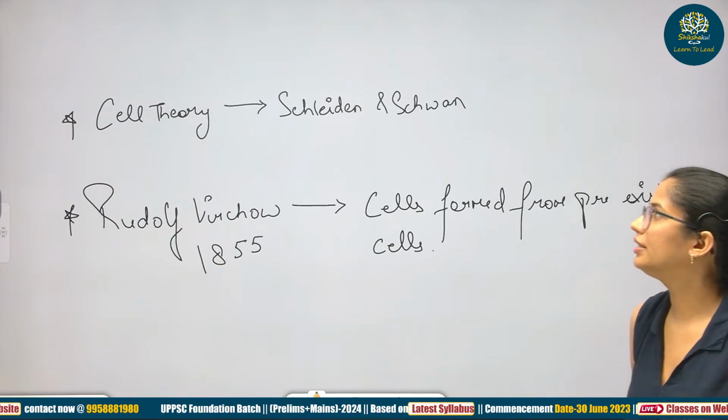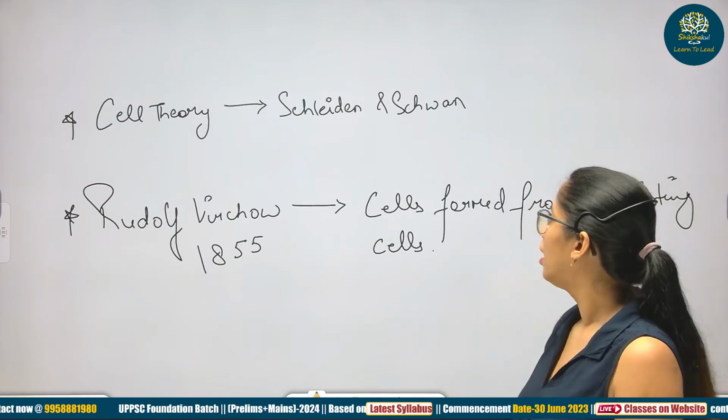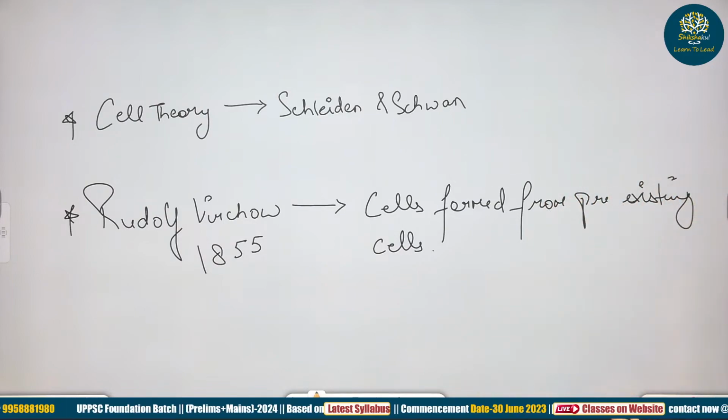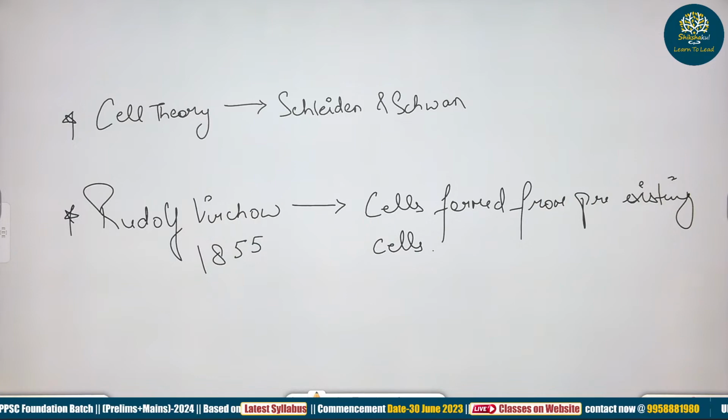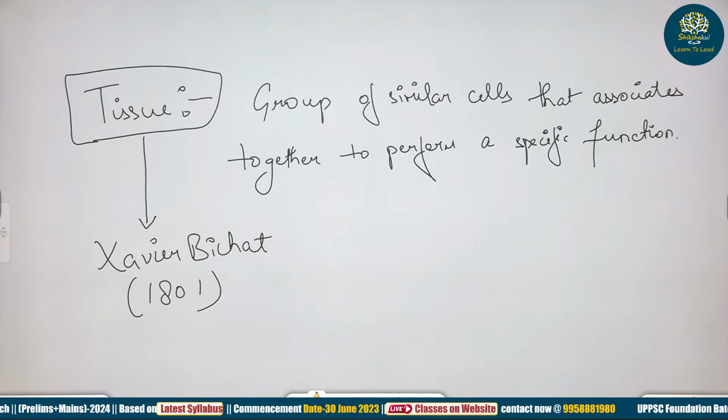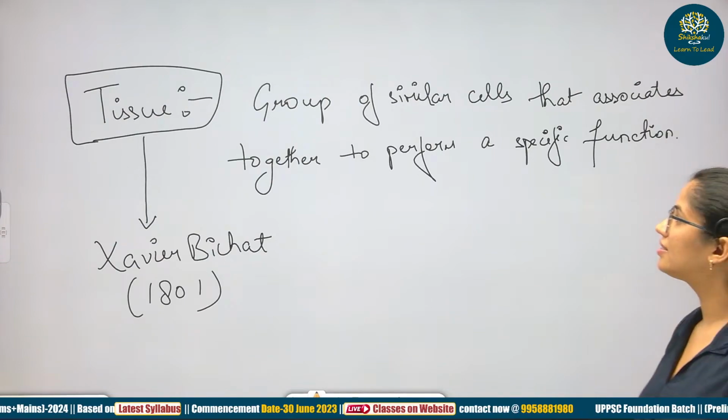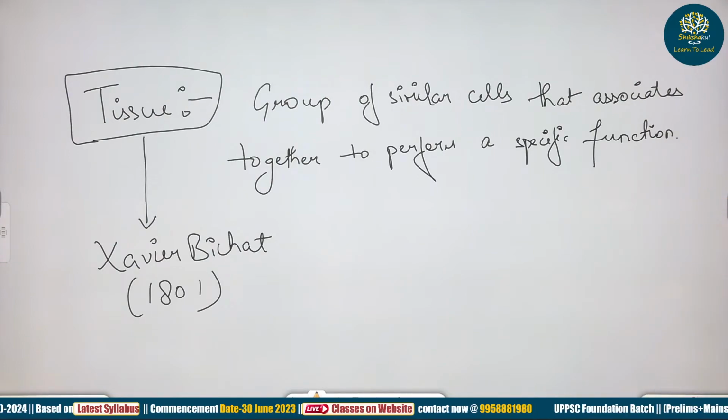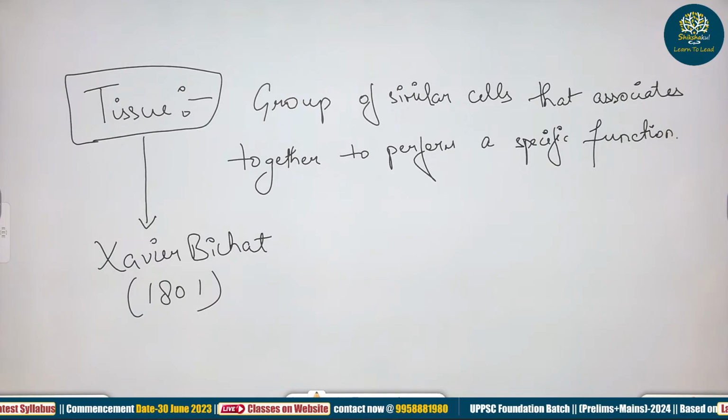Who proposed the cell theory? Schleiden and Schwann. And who stated that cells are formed from the pre-existing cells is Rudolf Virchow, who also supported the cell theory. So now the other topic is tissue. What is tissue? It is a group of similar cells that associate together to perform a specific function. Who invented the term tissue?